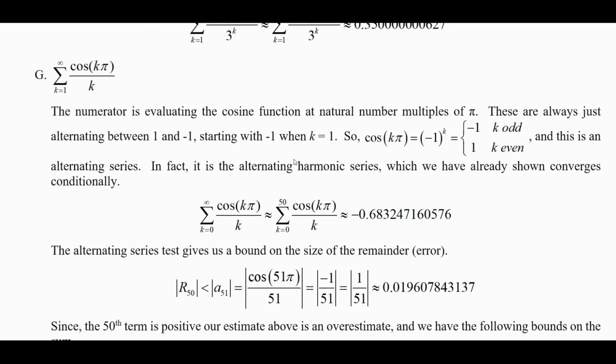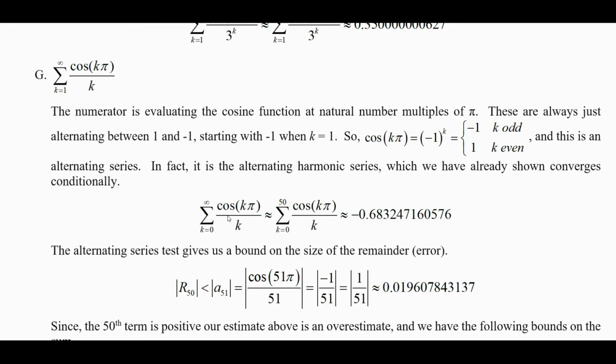Okay, so this is an alternating series. In fact, it's just the alternating harmonic series. We've already worked this one out. We know that it converges conditionally by the alternating series test. And so it will converge to something, which we haven't worked out what it is.